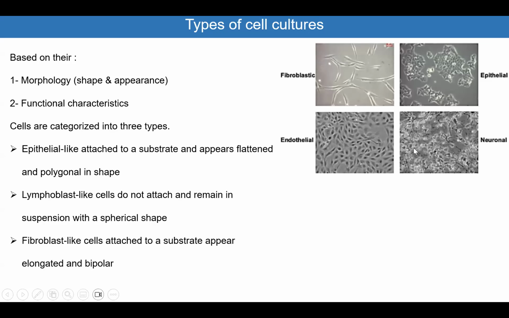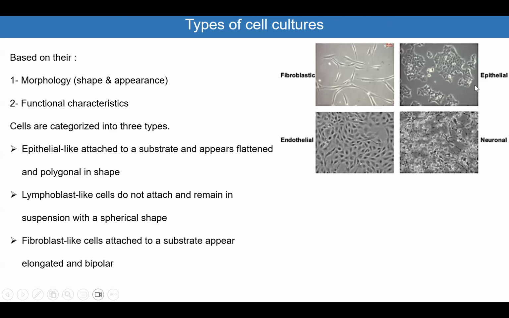So how can we identify cells, and what are the types of cells that normally we use in cell culture? So as you know, if you look under the microscope, the first thing you will see, the cells are characterized by their morphology. So you can tell quickly that this is a fibroblast because it's an elongated cell.